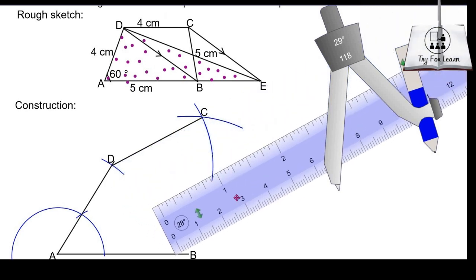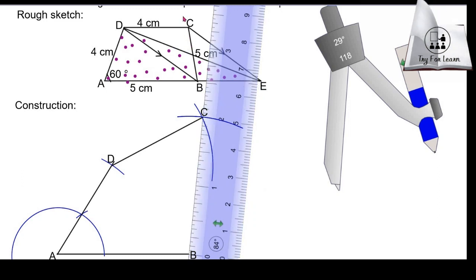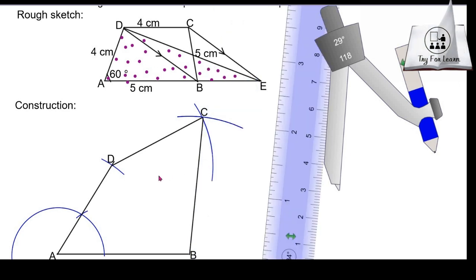And also you have to join C and B. Now here we get the required quadrilateral ABCD.